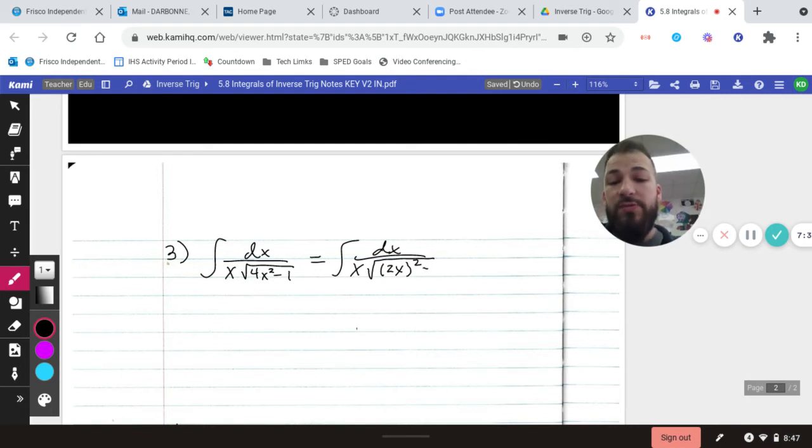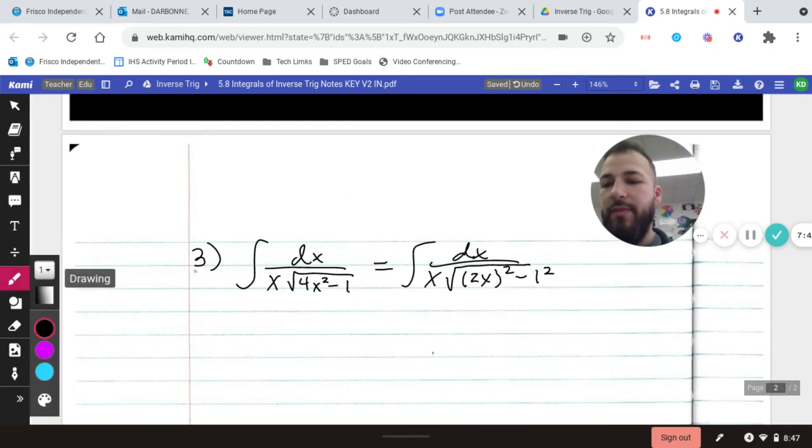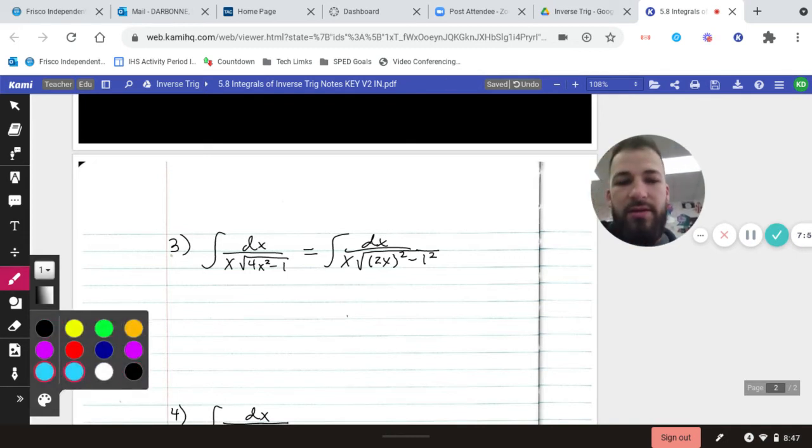And then, of course, minus 1 squared, because 1 squared is just itself. So that one's a little easier. All right. So from here, you probably can notice that our u is equal to 2x and our a is equal to just 1. Okay, but right now we have an issue.